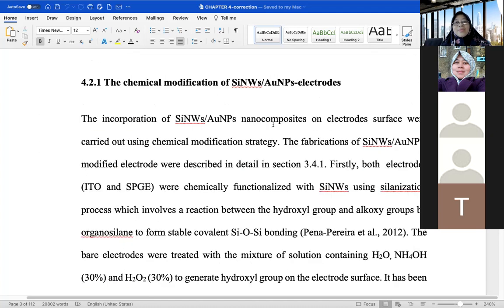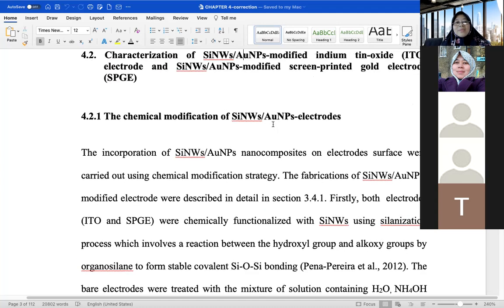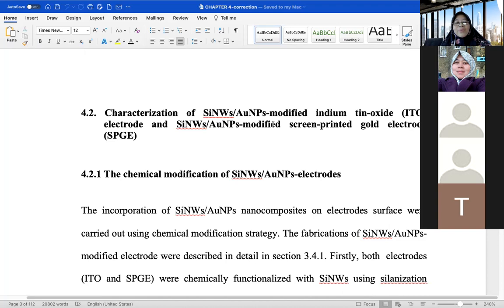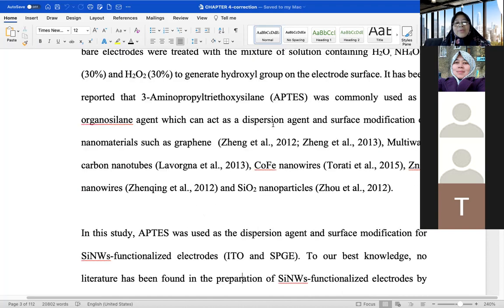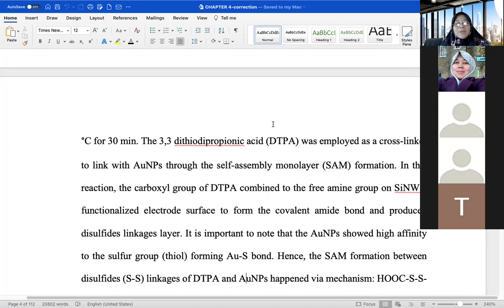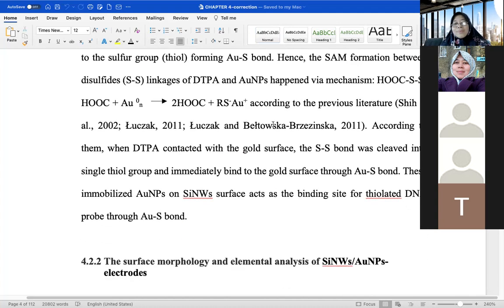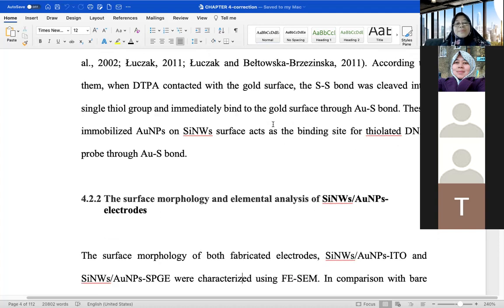Okay, so it's like an introduction for the whole characterization. 4.2.1 is more on introduction of the results for 4.2.2. You are allowed, because this is a story, but not too much.